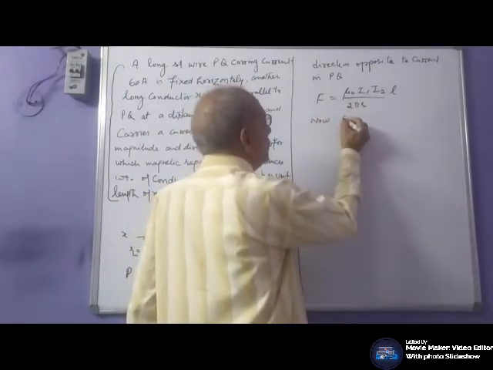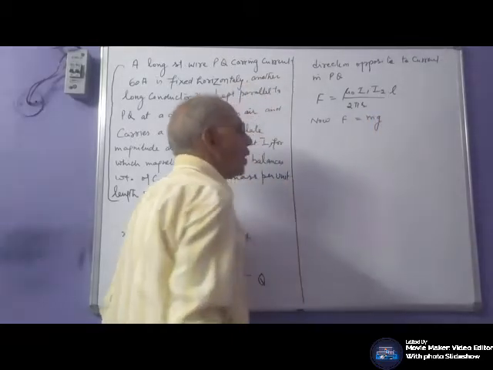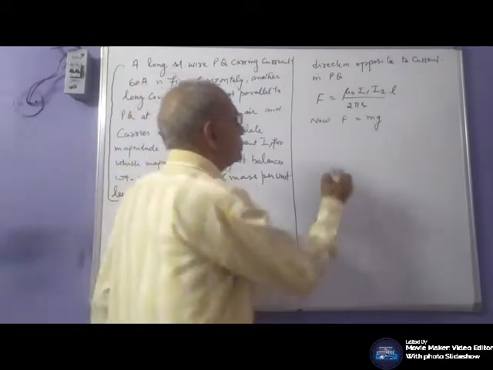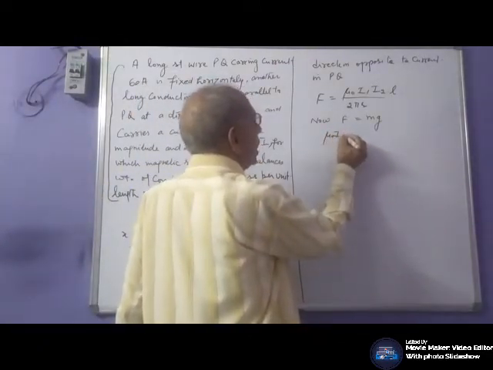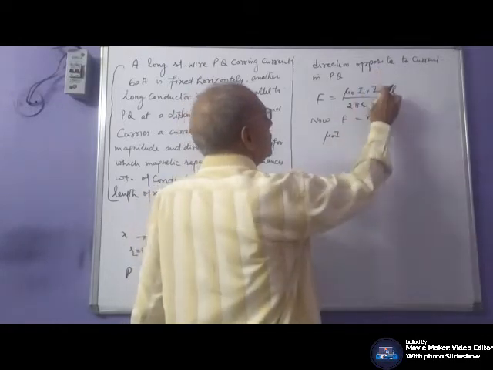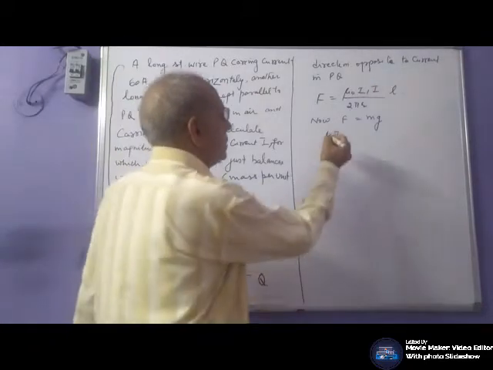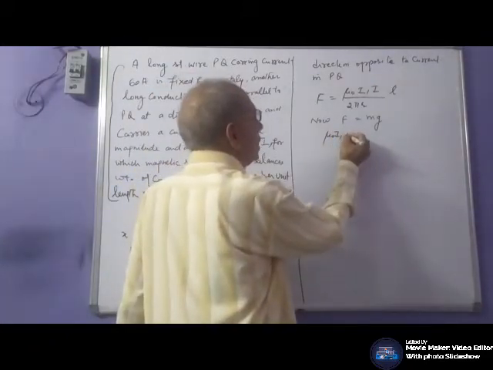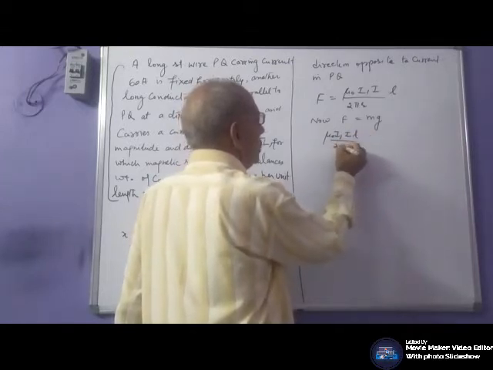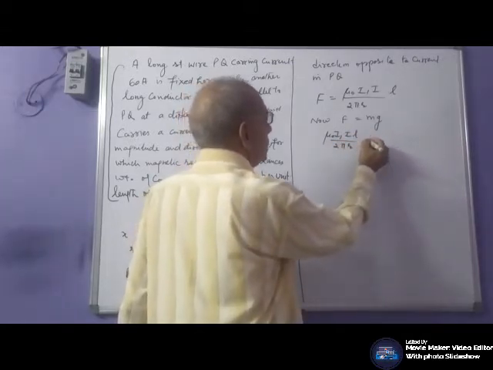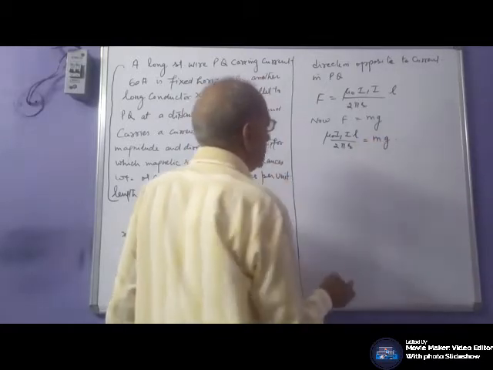Now F is mg. Why? According to question, F is mu naught I1, it is not I2, it is I, I1 I L over 2 pi r, equals mg.